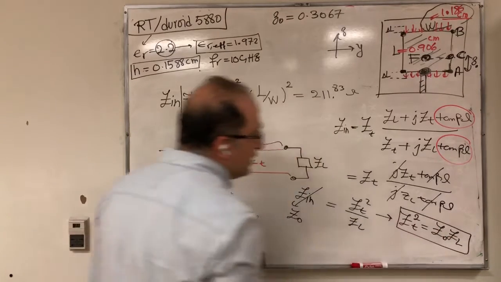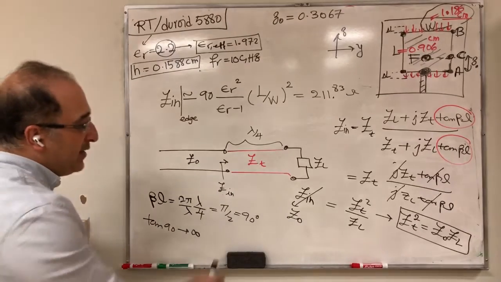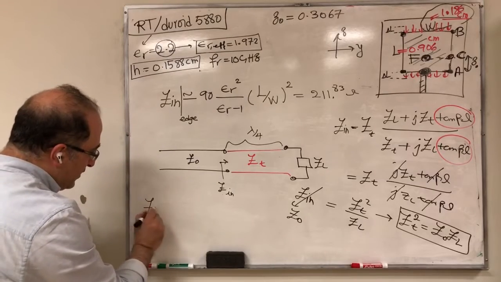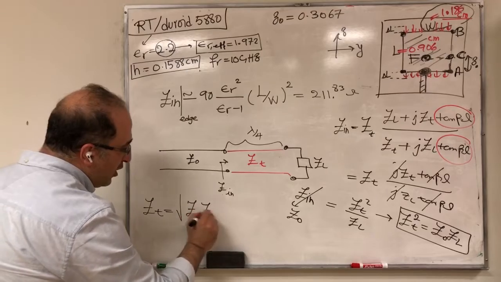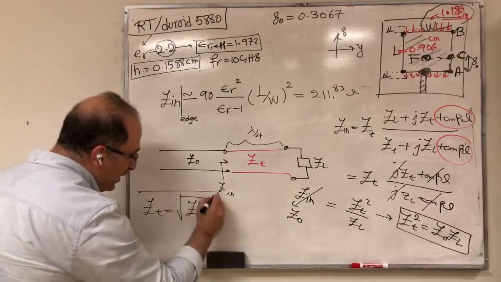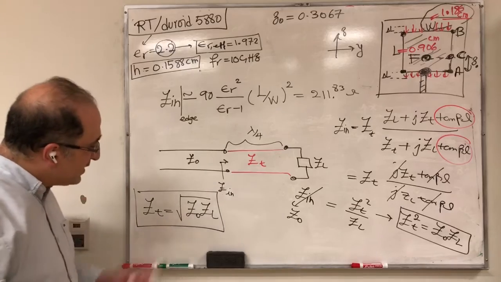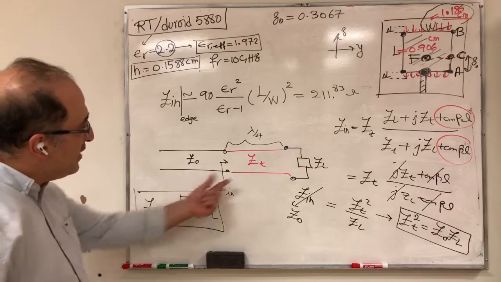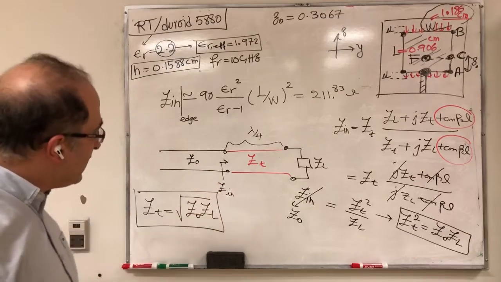So ZT is the square root of Z naught times ZL. So this is the important thing for us to know, that this is essentially the characteristic impedance that you need so that you can match Z in to Z naught.